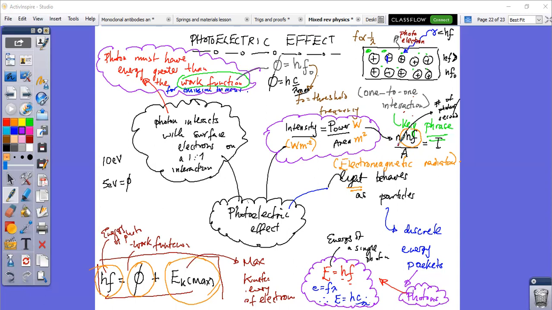As the frequency increases, the number of photons remains the same, but the intensity increases as a result. Good. The intensity of the photoelectrons is increased.